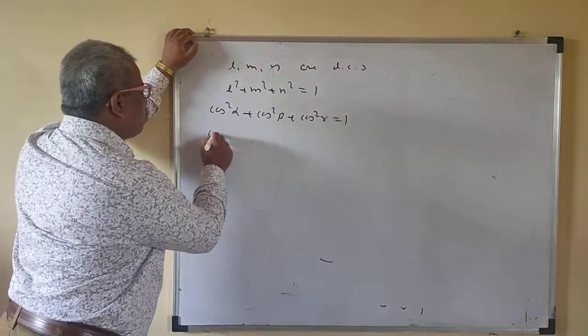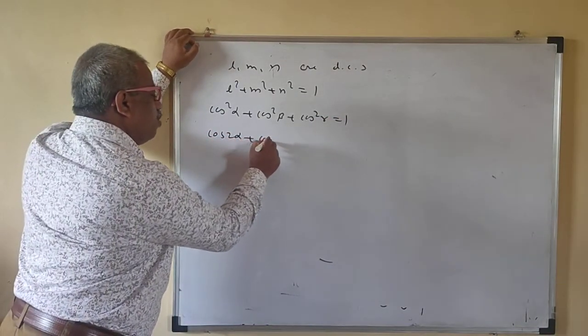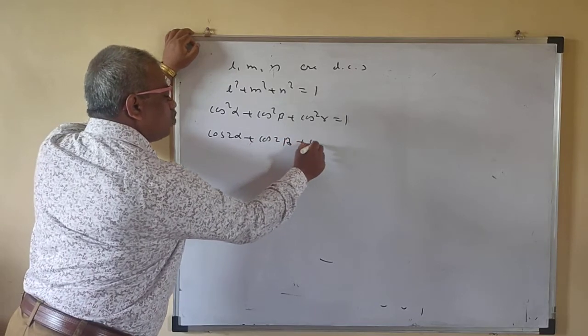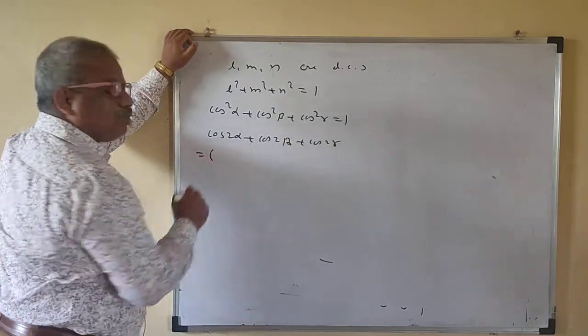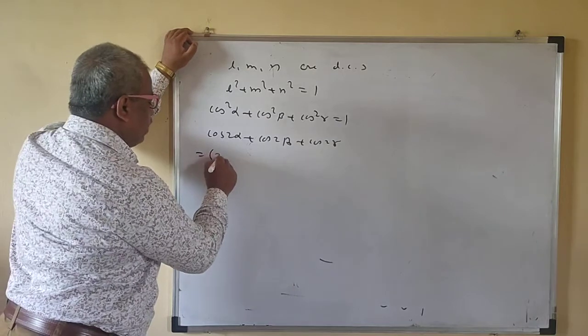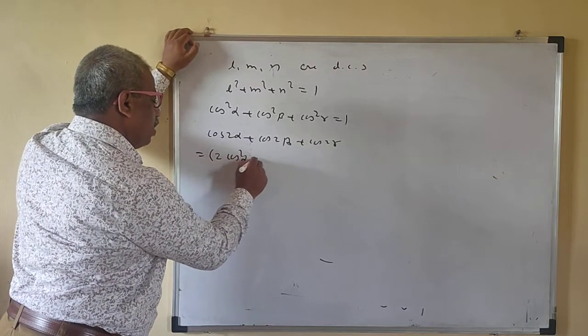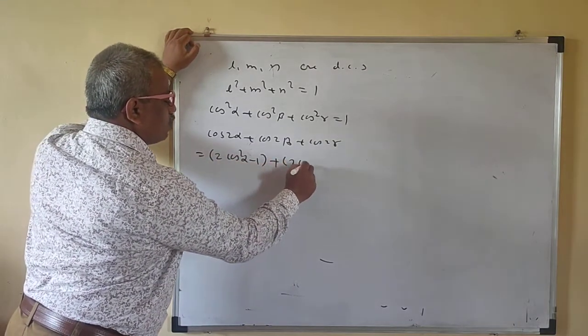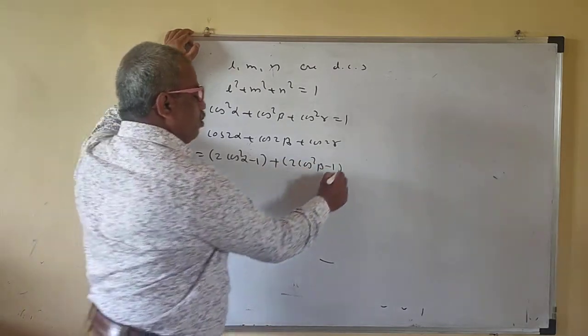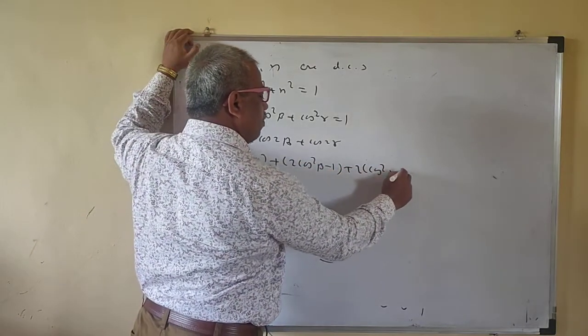Then what is cos 2 alpha plus cos 2 beta plus cos 2 gamma? Cos 2 alpha means 2 cos square alpha minus 1. So 2 cos square alpha minus 1 plus 2 cos square beta minus 1 plus 2 cos square gamma minus 1.